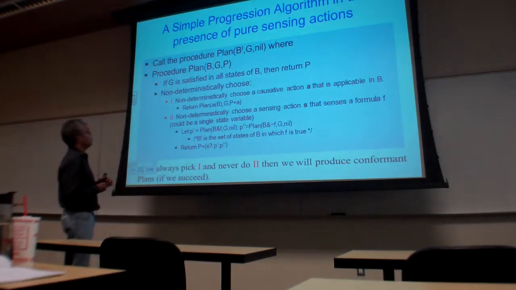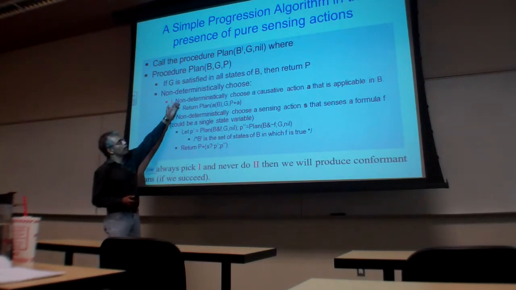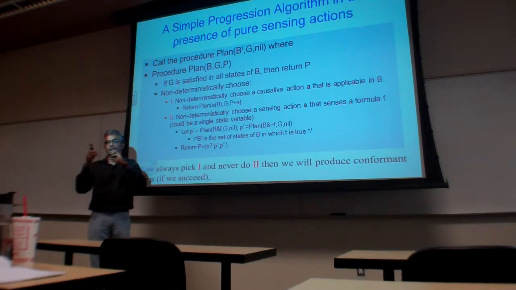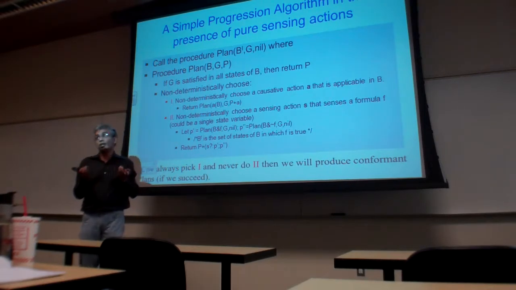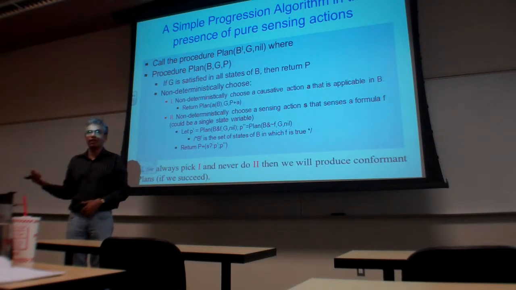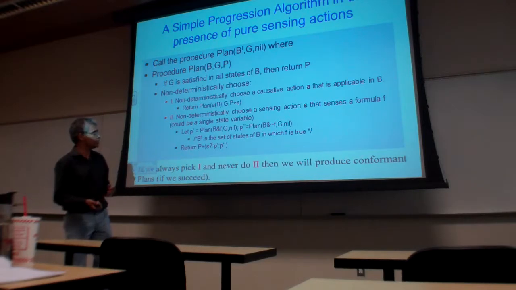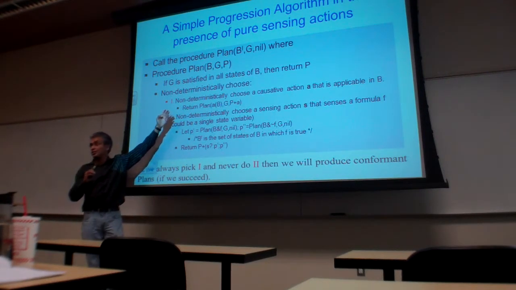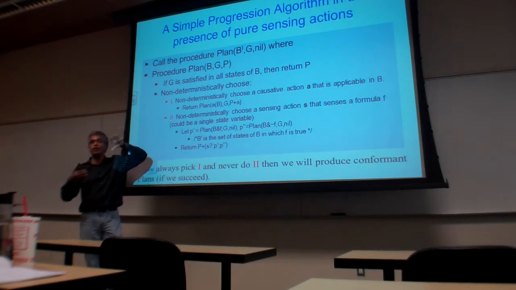Since you're doing progression, you need to consider doing actions from the current state. You have to consider doing each one of the actions for completeness' sake. That's why this is a non-deterministic choice, and what that means is during actual search, you need to use heuristics to figure out which action to use.